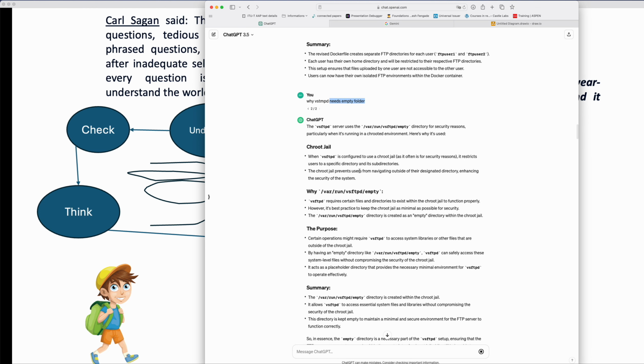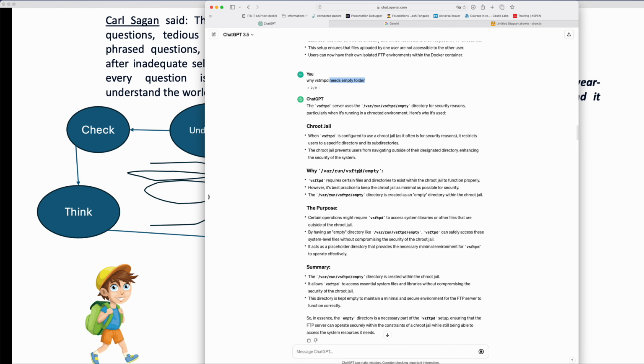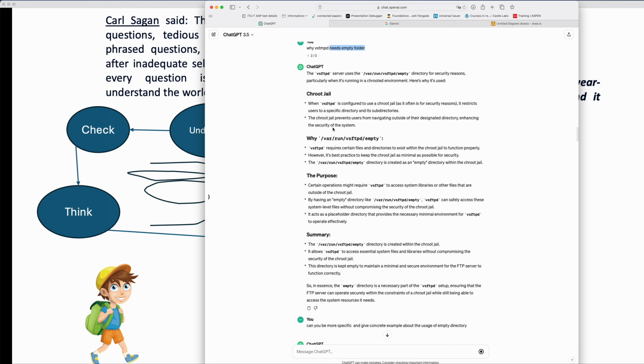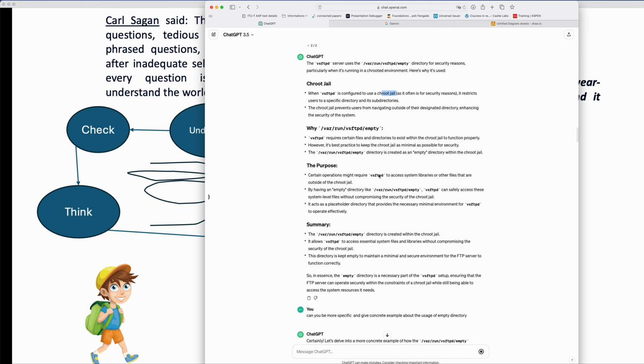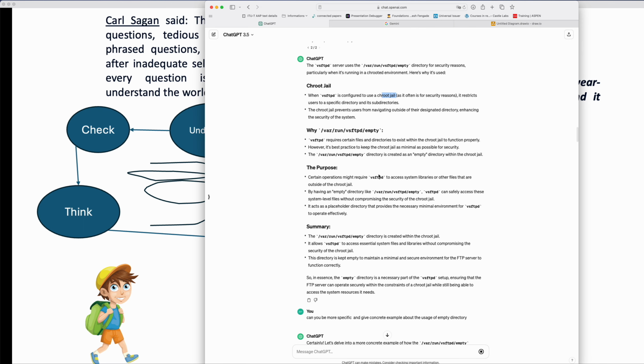And then the tool started to give me different answers, and it mentioned the idea of a jail, or change root jail. Personally, I know what that means, but when I read it, I'm not convinced by the answer of the AI.